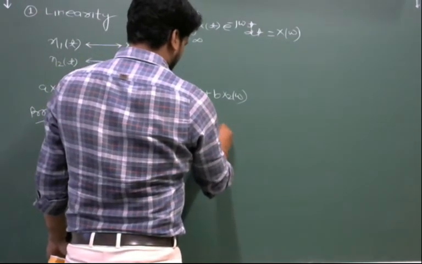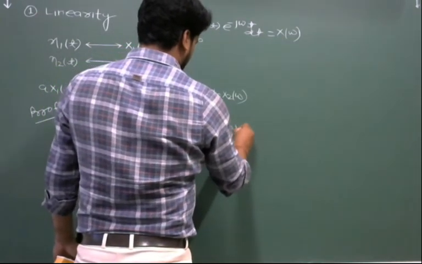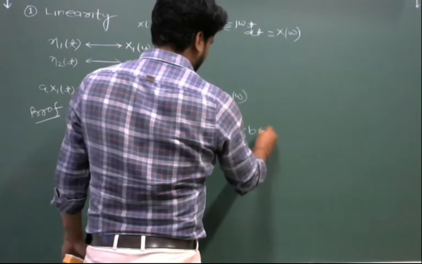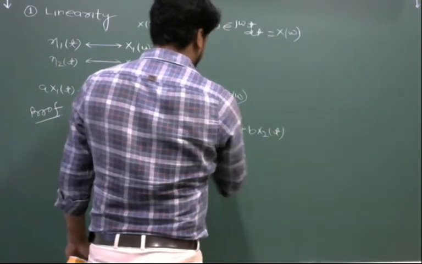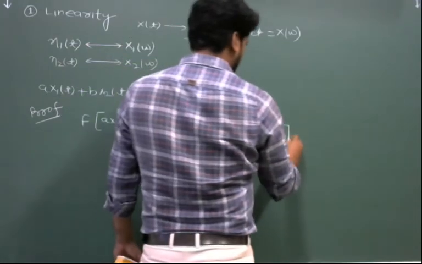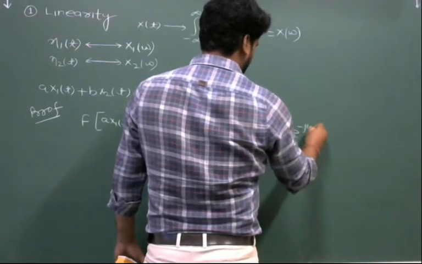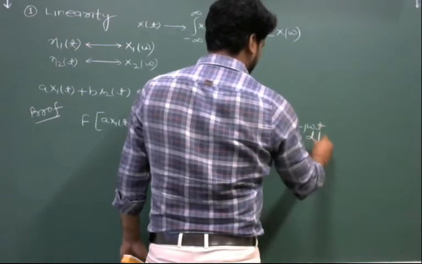It will become integration of a x1(t) plus b x2(t) into e power minus j omega t dt.